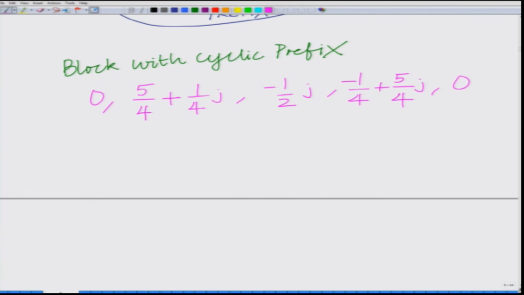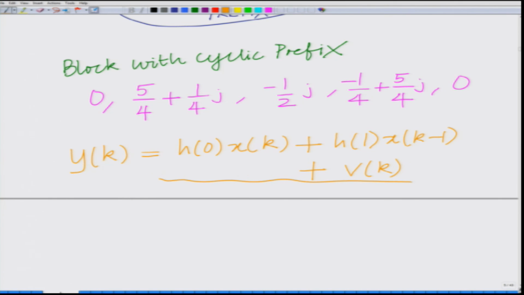So, the channel that we are considering, let me remind you, is y of k equals H0 xk plus H1 xk minus 1 plus Vk. Remember, this is our 2-tap channel, in fact an ISI channel, inter-symbol interference channel.